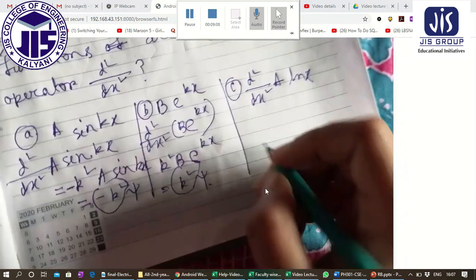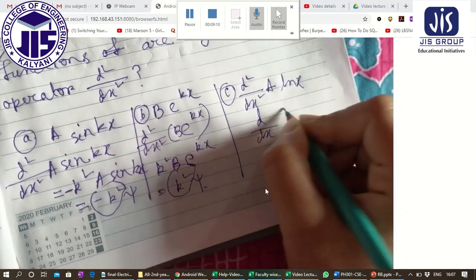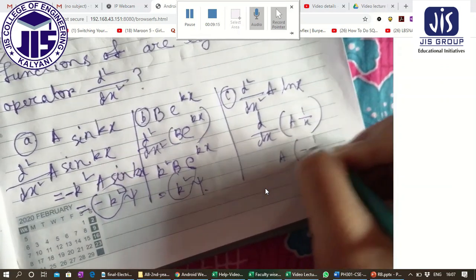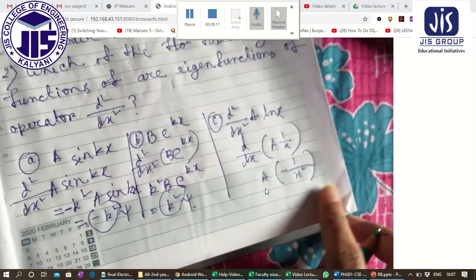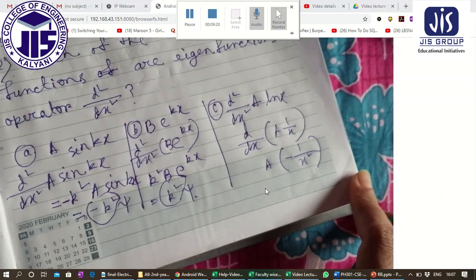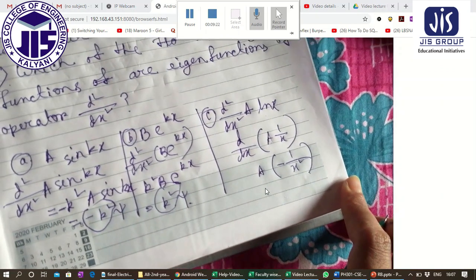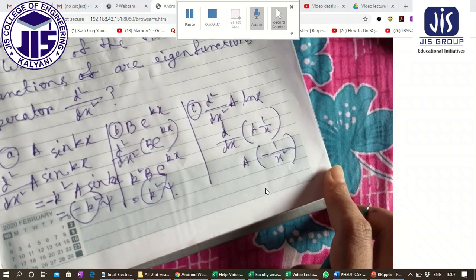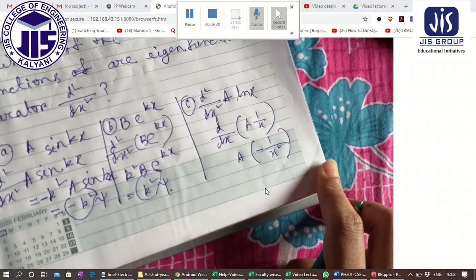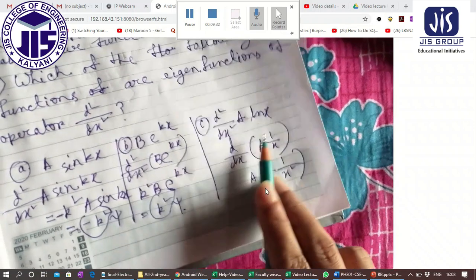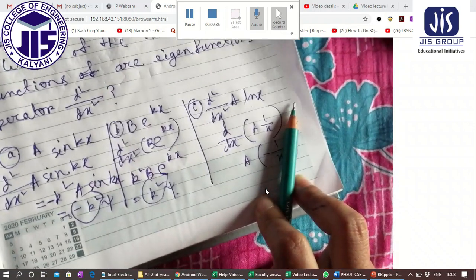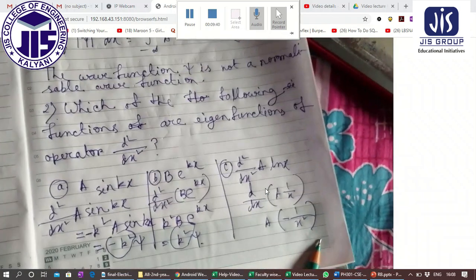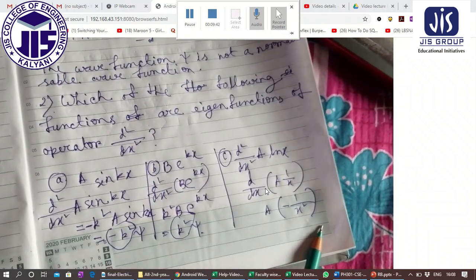Now the next one, that is d square dx square of a ln x. If we do d dx of a ln x, we get a 1 by x, and next a minus 1 by x square. After this operation, we can see clearly that we are not getting back the same wave function, because here the wave function is a ln x, and after the operation we are getting minus of 1 by x square.